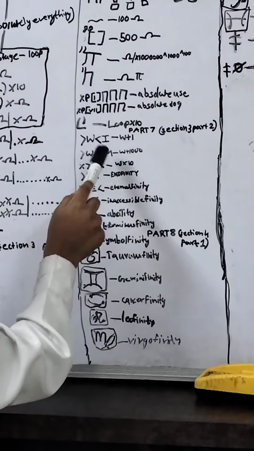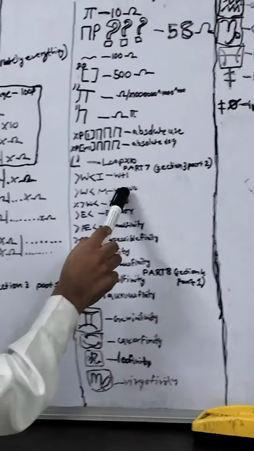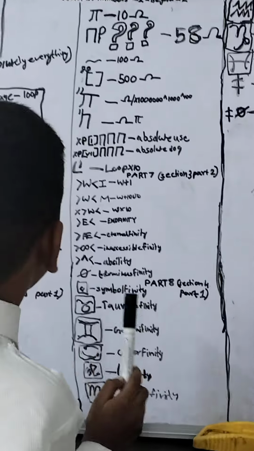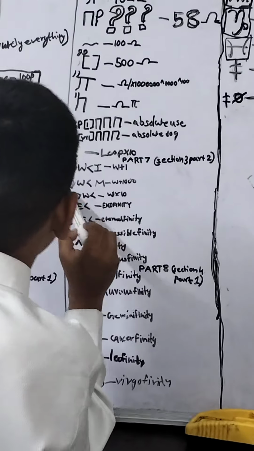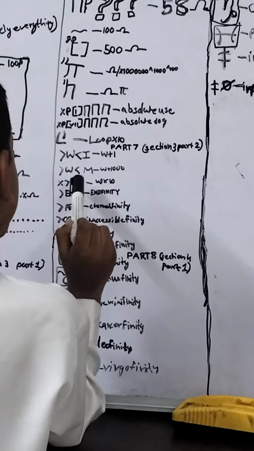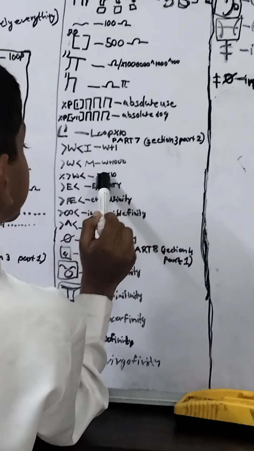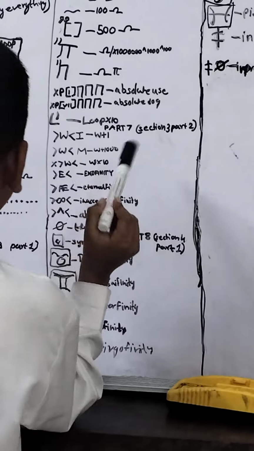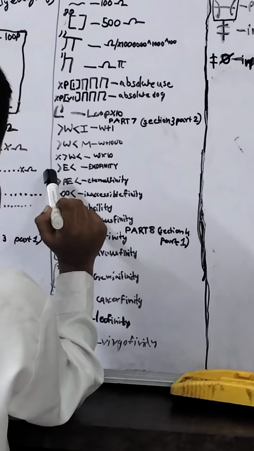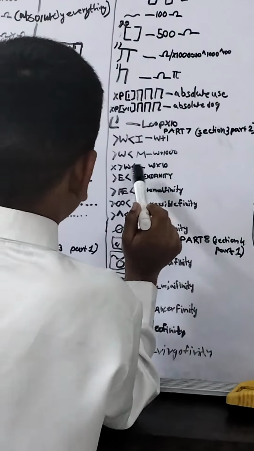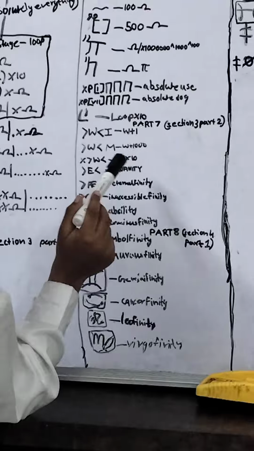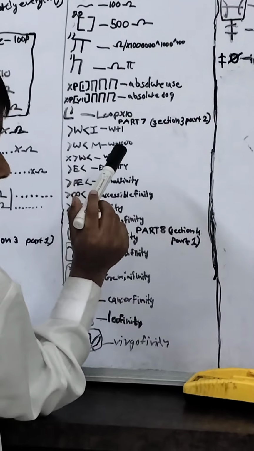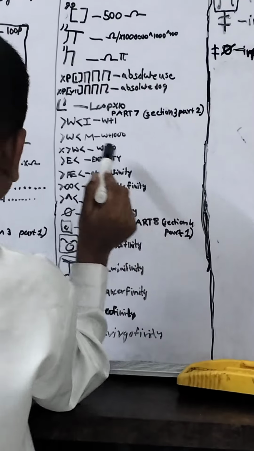Greater than symbol w, less than symbol m is equal to w plus 1000. X greater than symbol w less than symbol is equal to w times 10, and greater than symbol e less than symbol is infinity. Who knows about infinity can raise their hands.